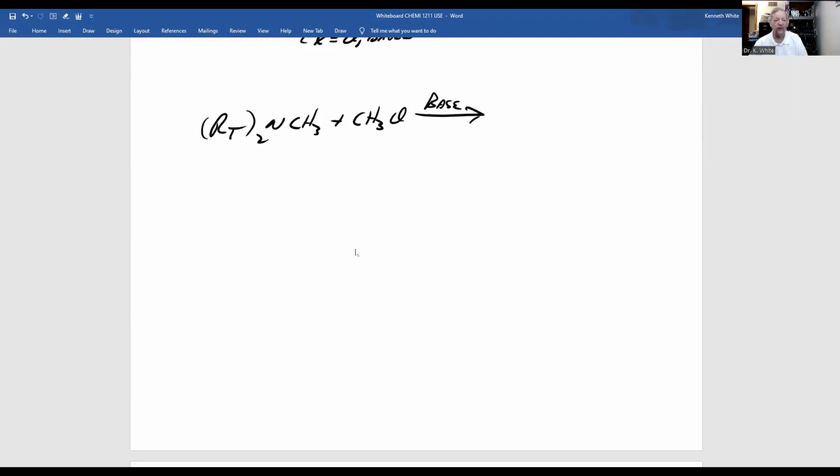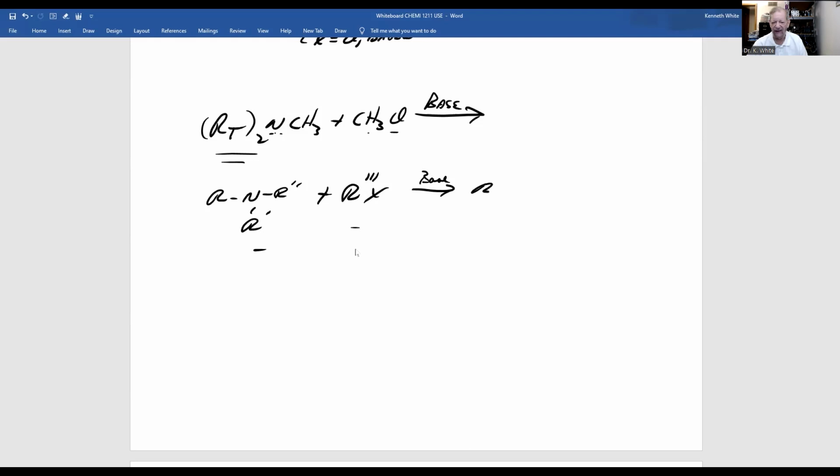All right, what do we have here that's different? Ooh, a nitrogen with 3 R groups on it. 2 are tallow. Remember, this is the way we write 2 groups on a nitrogen. And a third one is methyl. And what's here? Carbon, ooh, a halogen, an alkyl halide. So we have a tertiary amine, alkyl halide, base.